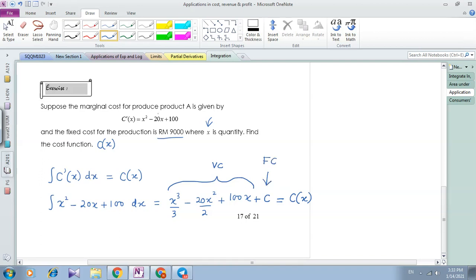I hope you notice that you are given the fixed cost in the question.